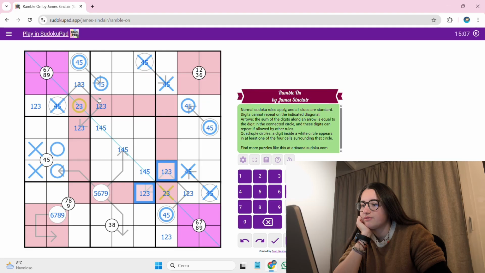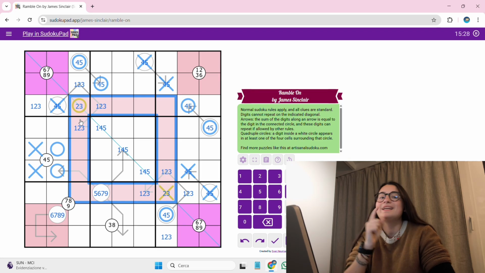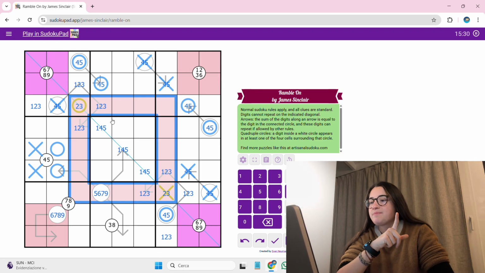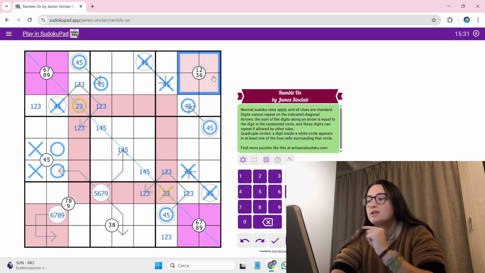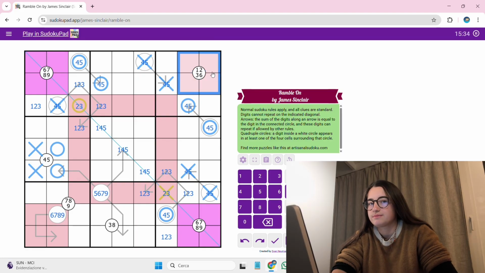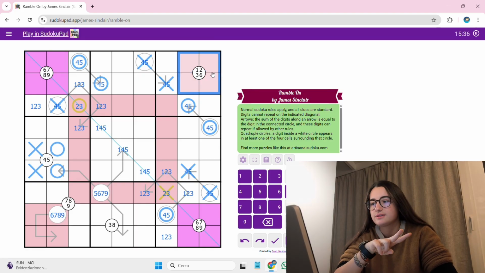We are going to have 1 and 2 and 3 here. Yeah, so I think for the reasons of the rule of the ring over here, we need 1, 2, 3 in the corners, at least twice.